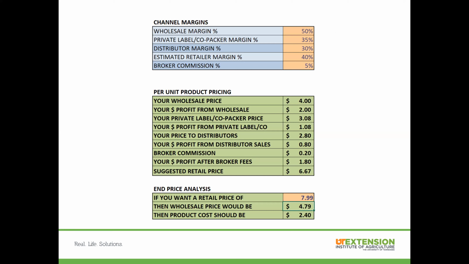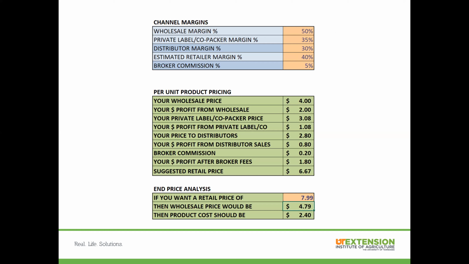And the comment there that most retailers want 50% of retail. So that being the case, you'd want to change this estimated retailer margin to be 50% instead of 40. Let's just say that your wholesale price is $5 instead of $4.